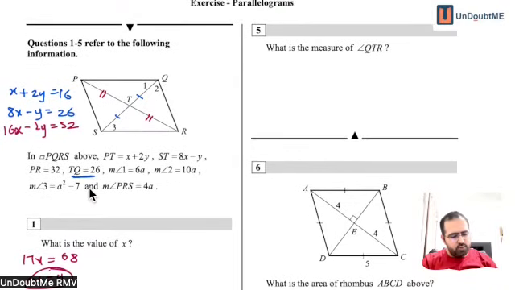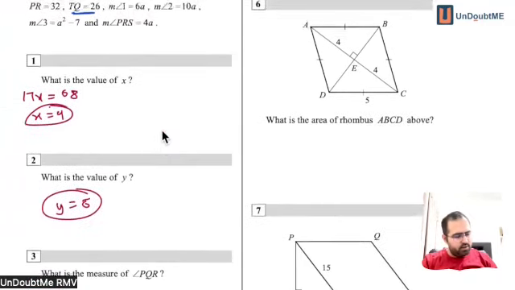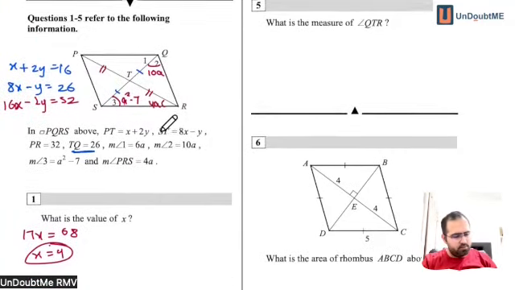Now measure angle PQR. Before that, we have to move ahead in the question. Measure of angle 2 is 10A. Angle 3 is A square minus 7. PRS is 4A. They are asking PQR.